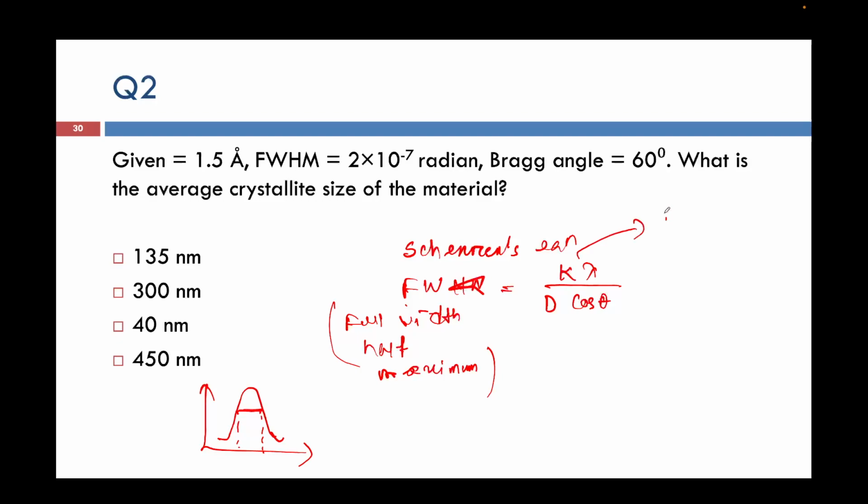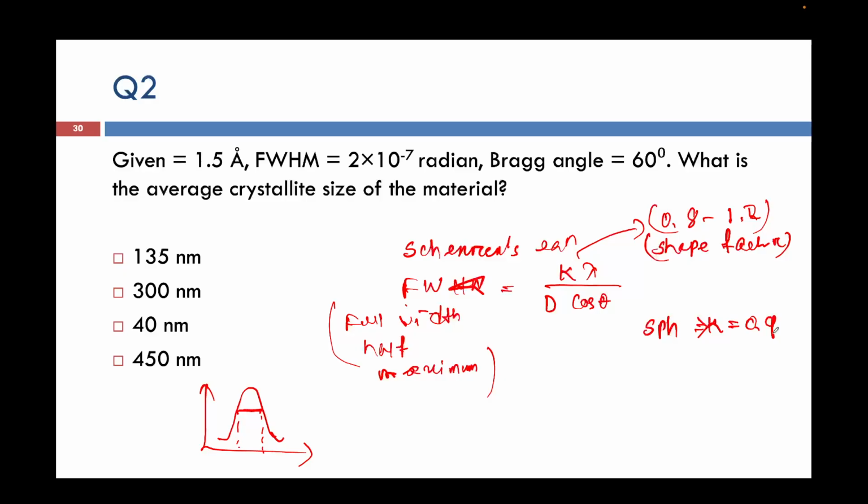Here the K value varies from 0.8 to 1.2, and K refers to the shape factor. For spherical material, since we are assuming that our crystallites are of spherical shape, we can take K as 0.9.